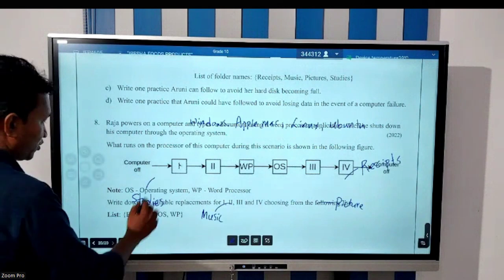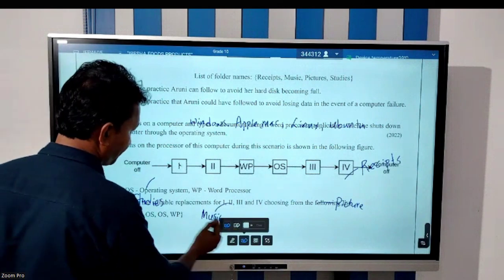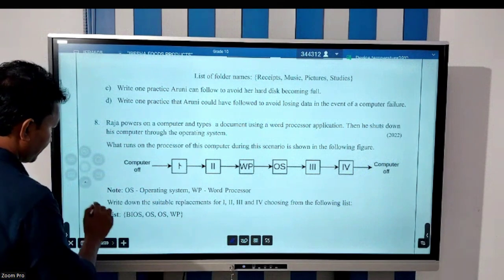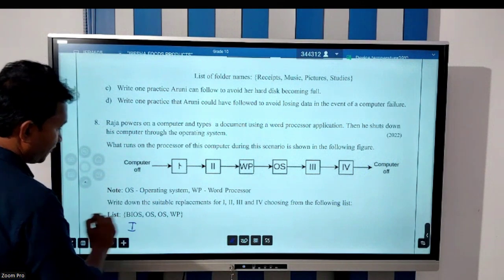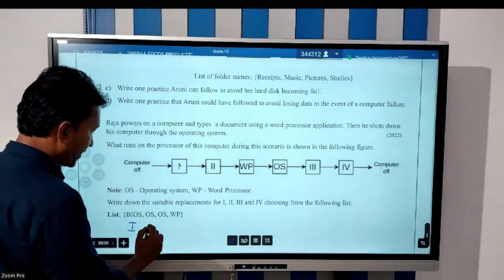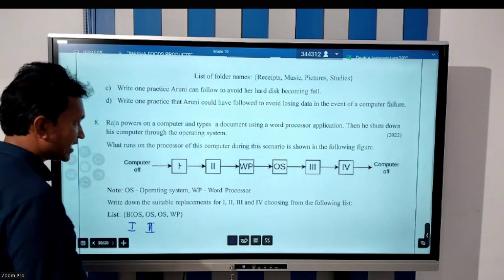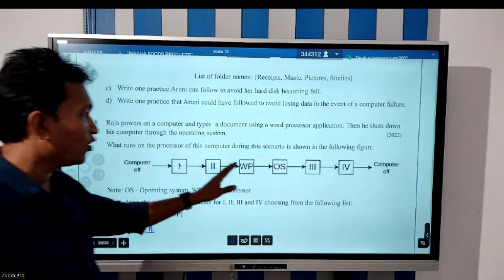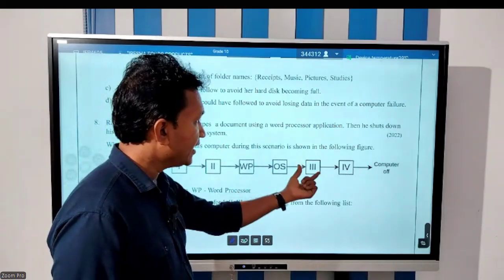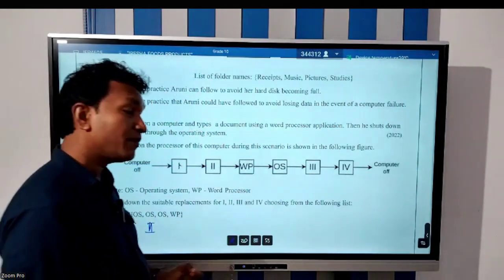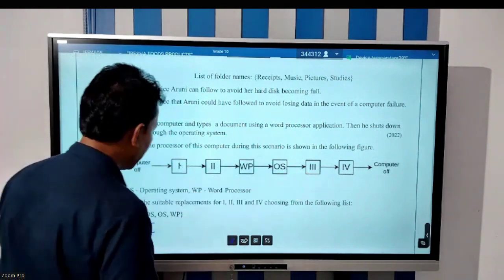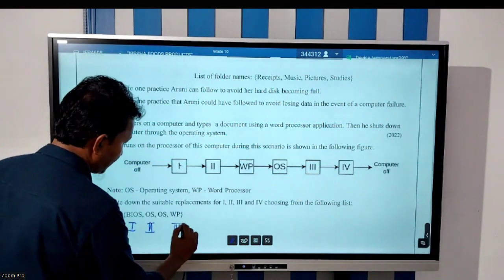So the first one is BIOS. Then it will run the operating system. Second one is OS. Then it will open the word processing. Again, it works with the operating system. Then he should close the word processing, right? Close the word. Therefore, 3 is word processing.